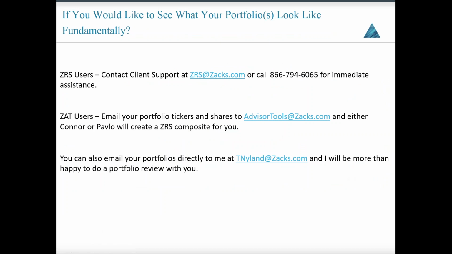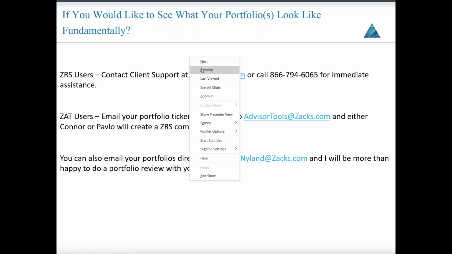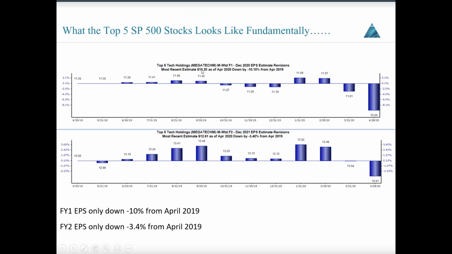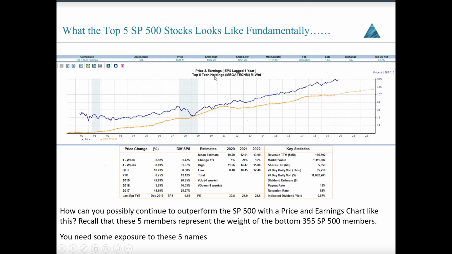Okay? I've said this a few times. I want to say it again, and I'm going to give this deck out once you've got these email addresses, phone numbers. If you want to see what your core equity portfolio looks like fundamentally, I would be more than happy to have either myself or my team build these composites for you of your portfolio.